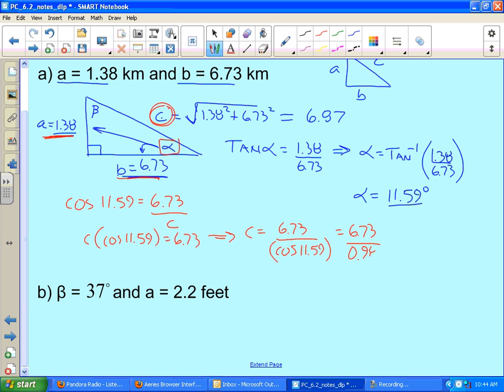And now do 6.73 divided by 0.98. 6.86 or 87. So that's how you can use the angles to find the missing side. Okay?